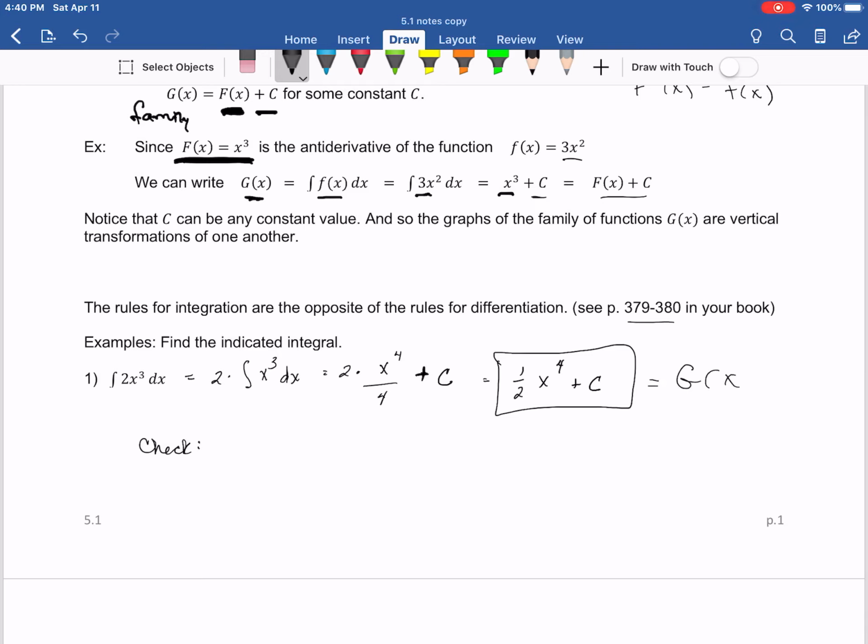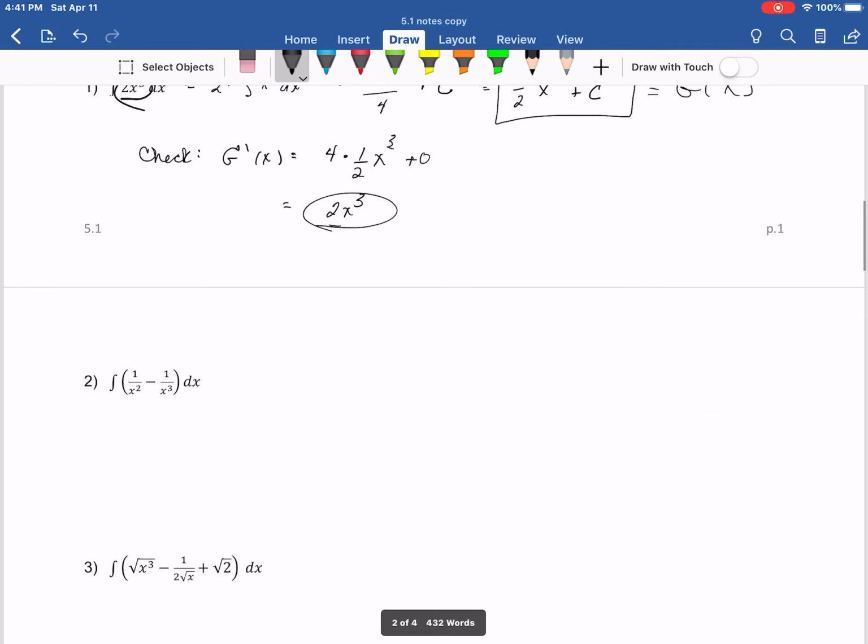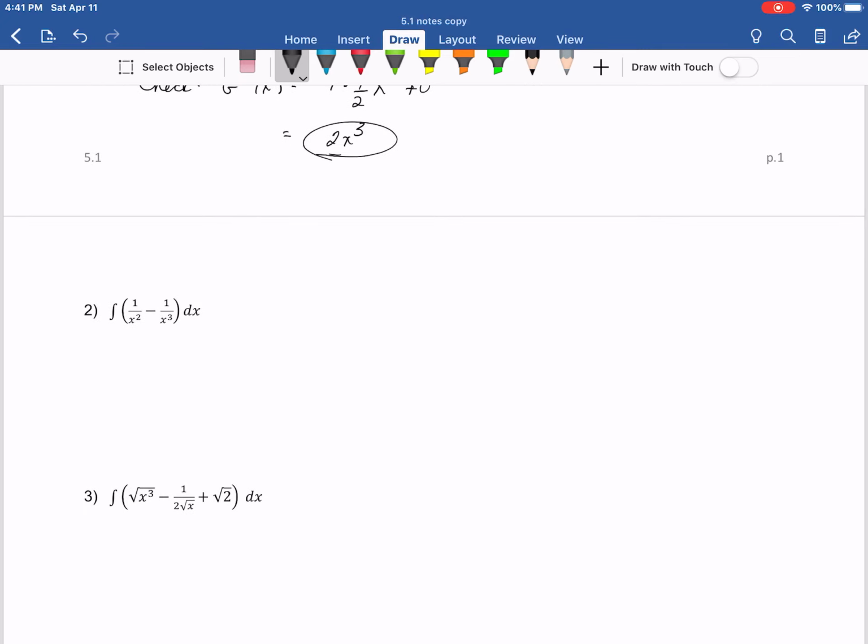If I take the derivative of g, I would bring the 4 down in the front, multiply by everything that's there, lower the exponent by 1, take the derivative of c, which is 0, put it there if you want, and simplify. This would be 2x cubed, right? And so now you see that that answer matches what you had. And that's what you should get when you check your answer. Those two should match. Let's try it again. We have a whole bunch of examples, so you get the hang of this.